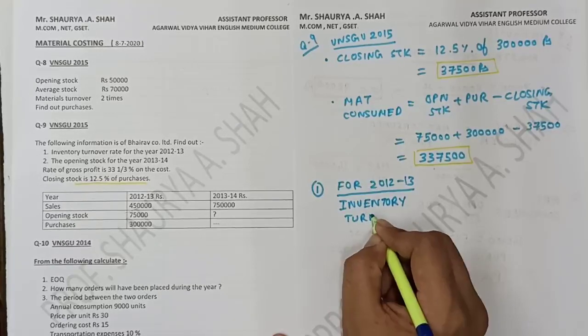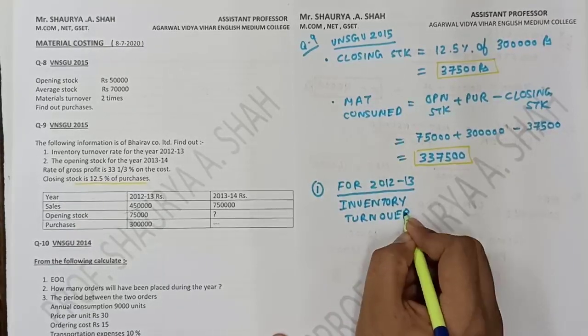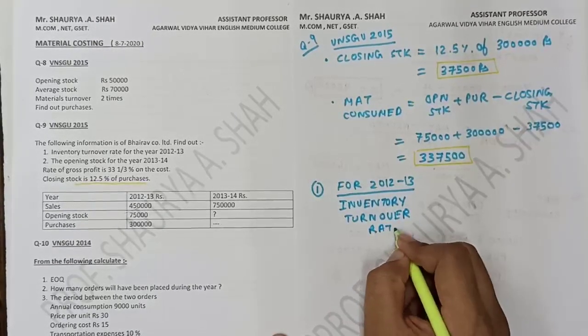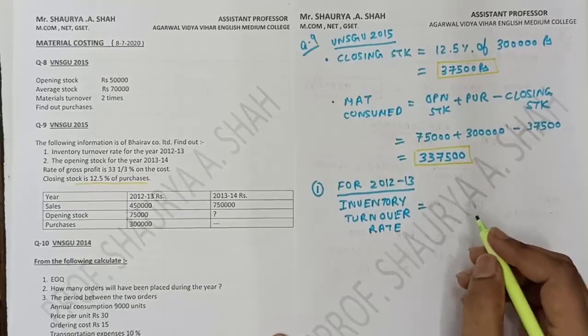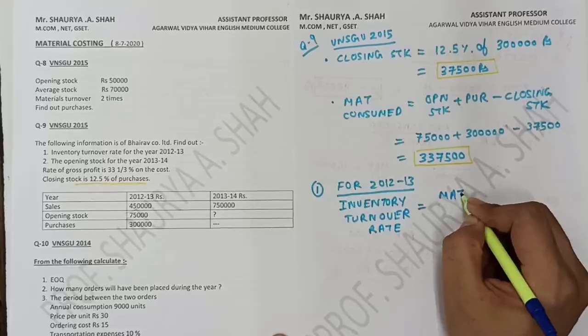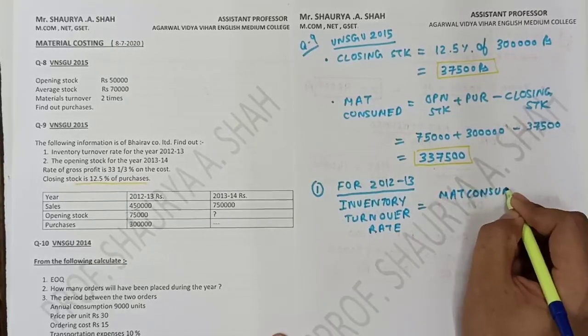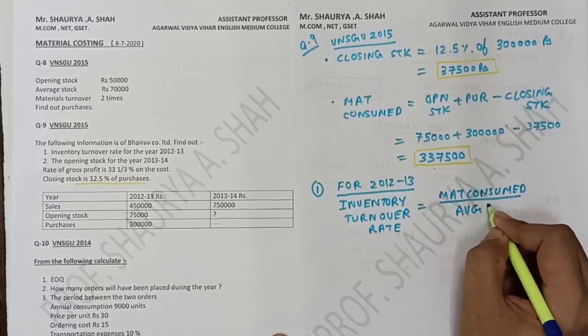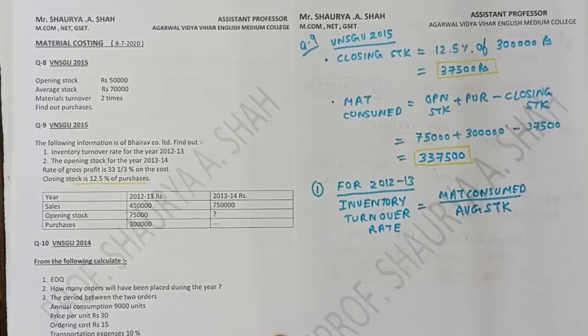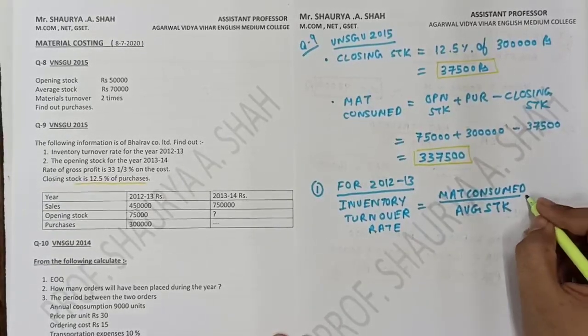Inventory turnover, whatever word they are using, you need to use the same word. Material turnover rate is equal to, you need to write down material consumed upon average stock. It remains the same, students, just the value changes and the thing changes, right?